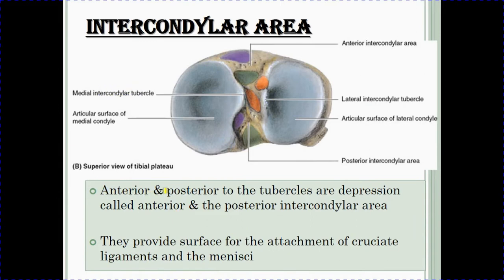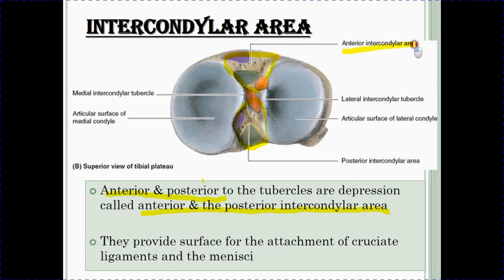When you look at the intercondylar area more clearly, anterior and posterior to the tubercles, there are depressions called the anterior and posterior intercondylar areas. This region is the posterior intercondylar area and this region is the anterior intercondylar area.